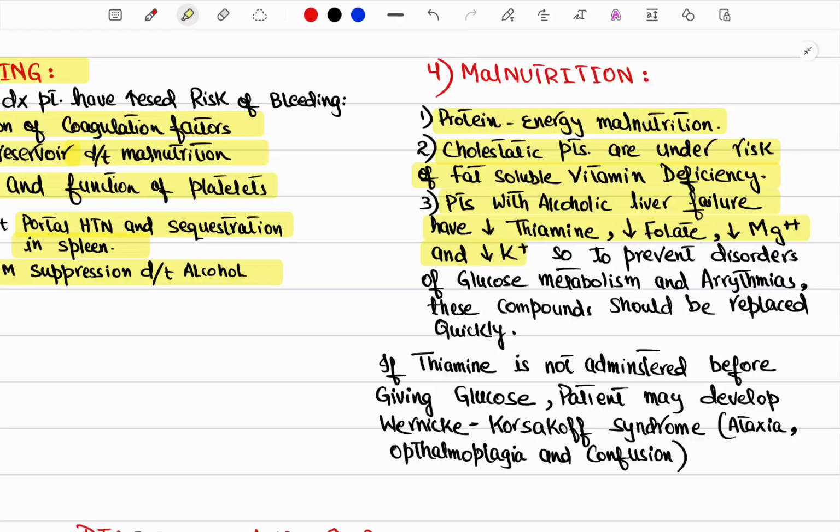To prevent any problems during the surgery, thiamine, folate, and magnesium are important for glucose metabolism. Similarly, potassium is important in the heart, and an imbalance can cause arrhythmias. So these compounds should be replaced quickly.